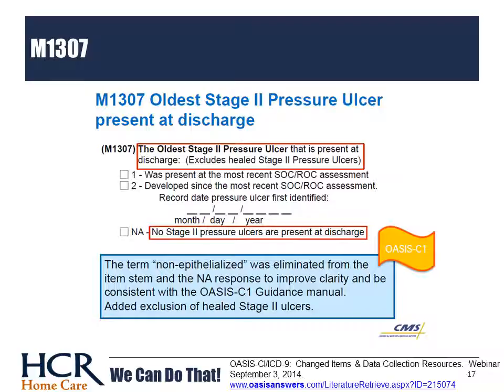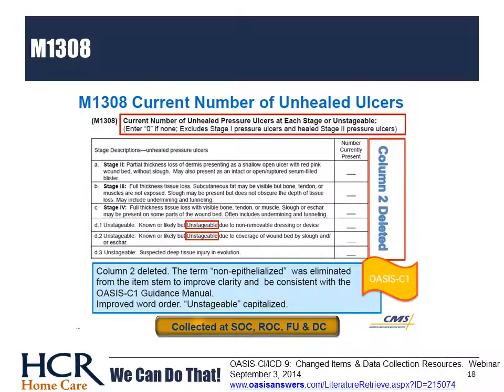So now the question will read, the oldest stage 2 pressure ulcer that is present at discharge, and to clarify, it says excludes healed stage 2 pressure ulcers, to make it very clear what type of pressure ulcer is excluded from this question. And then again, in the NA option, you can see that no stage 2 pressure ulcer is present at discharge, again removing that non-epithelialized term to make it more clear.